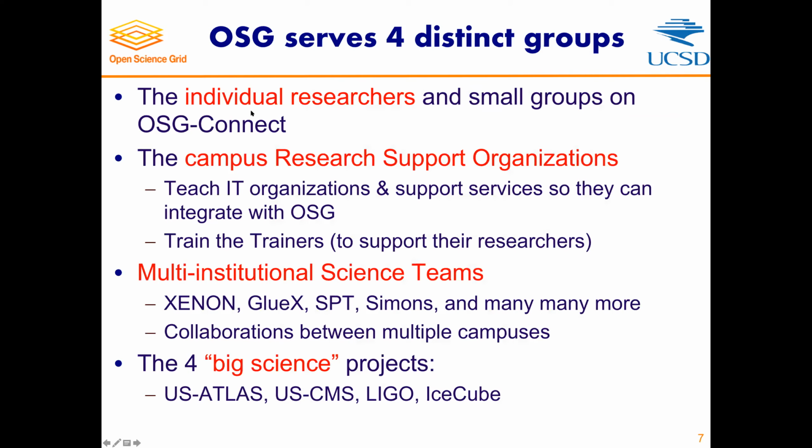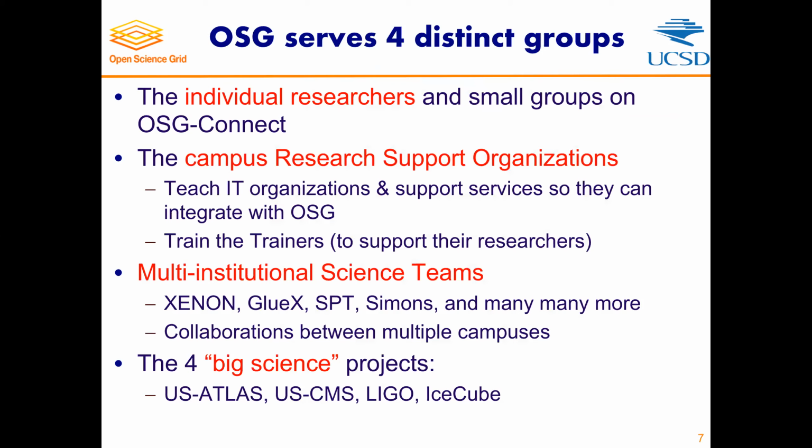And so the first is just individual researchers. We provide individual researchers services that are basically end-to-end. It starts with giving them an account and teaching them how to use that account, and then allowing them to import their data, et cetera, et cetera. And then you compute on their data.